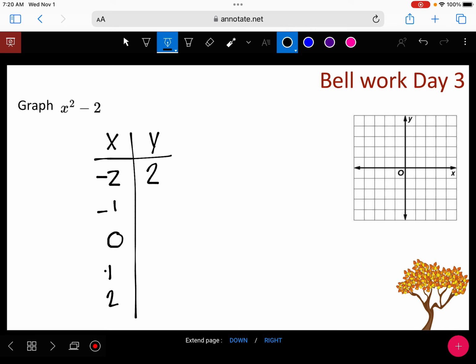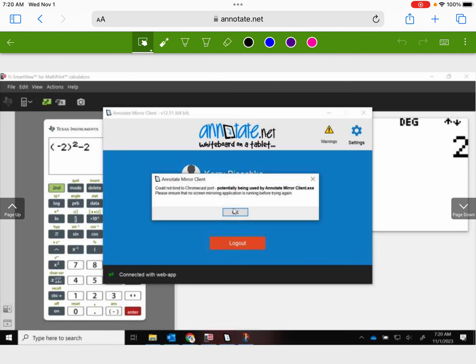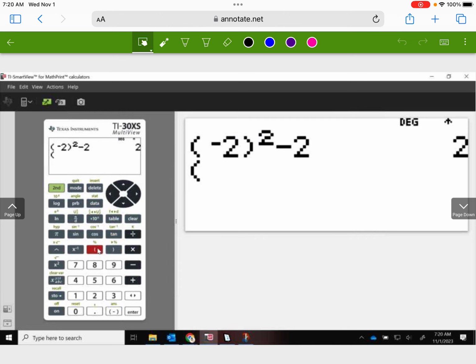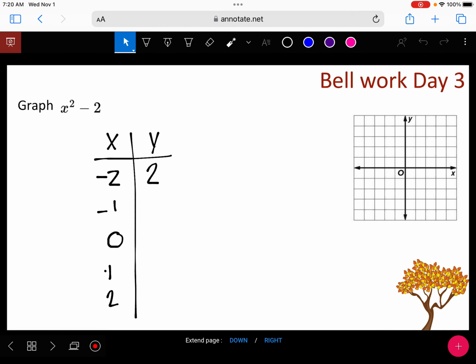Then -1 squared minus 2, and we get -1. 0 squared minus 2 gives us -2. 1 squared minus 2 gives us -1. And 2 squared minus 2 is +2. We can type those in the calculator, or we can do some of those with mental math, however you want to do it.